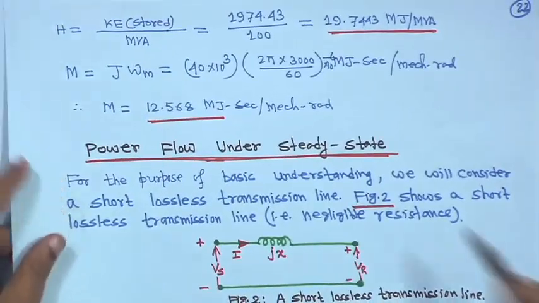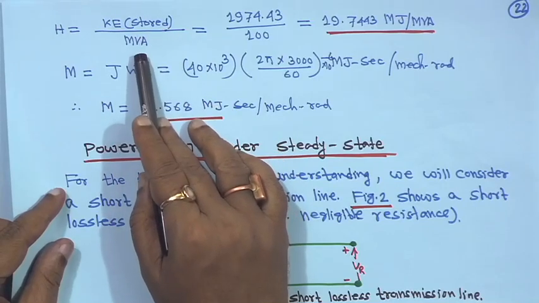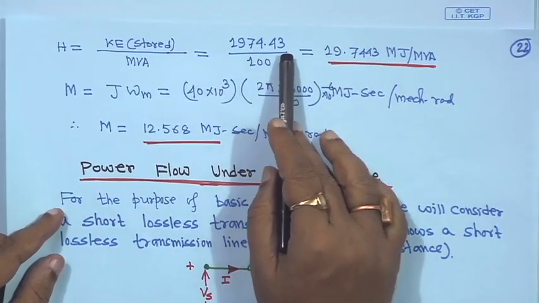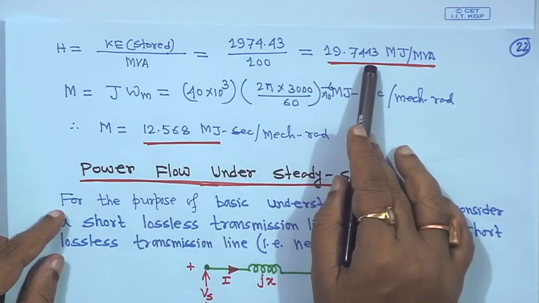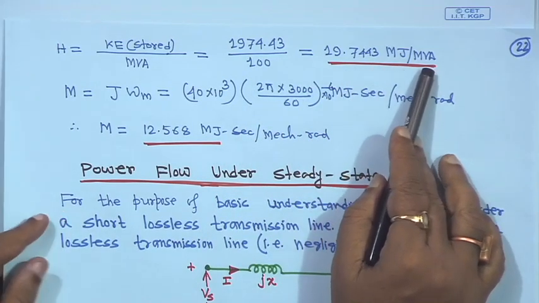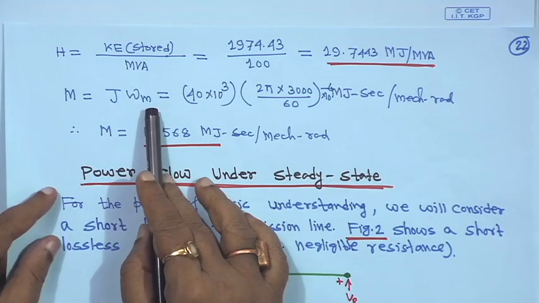Similarly, H is equal to the kinetic energy stored divided by the MVA base. So, that is 1974.43 divided by 100, so it is 19.7443 megajoule per MVA. Therefore, M is equal to J into omega m, as we have seen earlier.